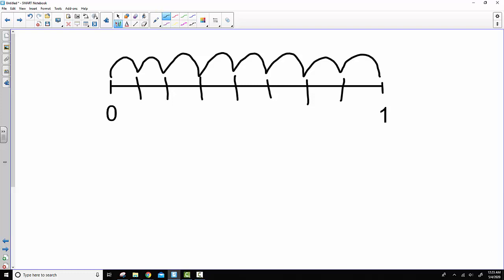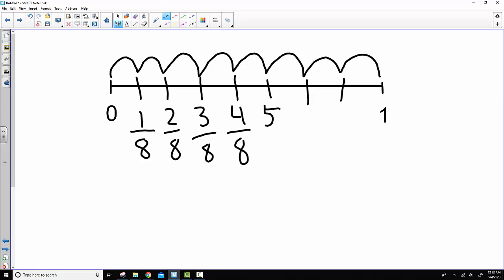Let's name them if we have enough room here. We have 1/8, 2/8, 3/8, 4/8, 5/8, 6/8, 7/8, and another name for 1 would be 8/8.